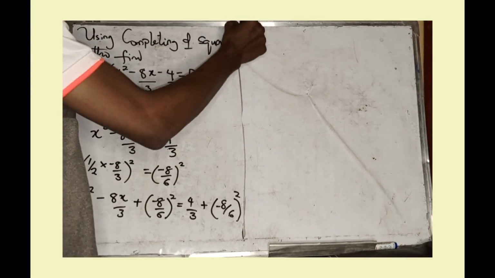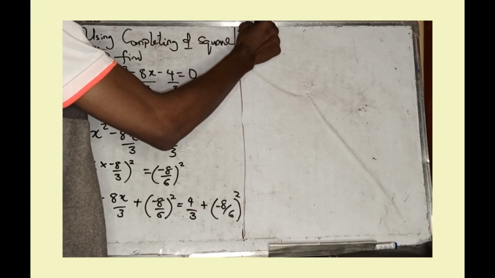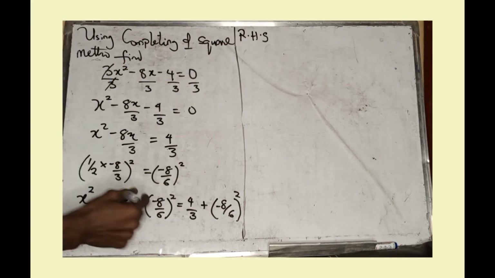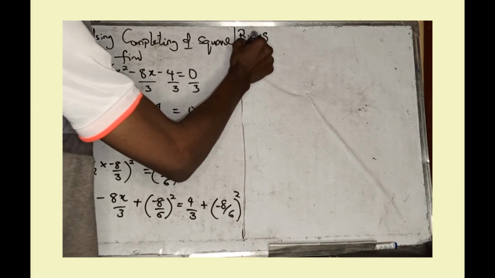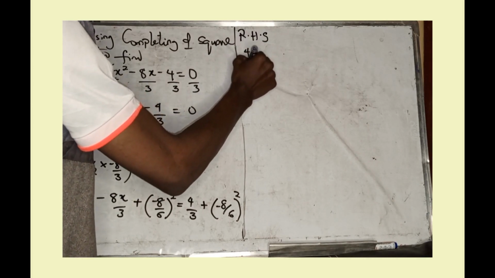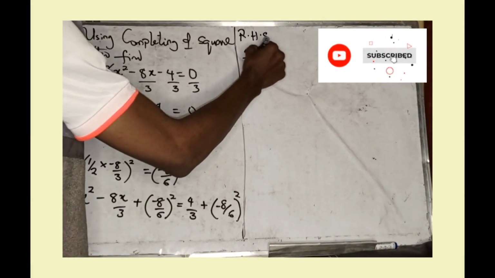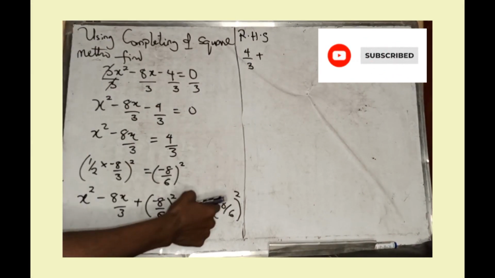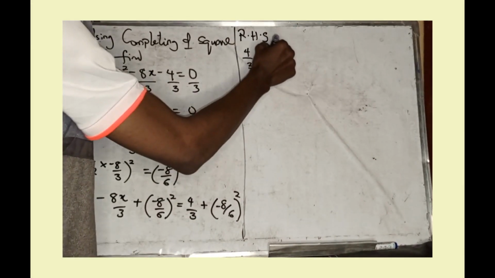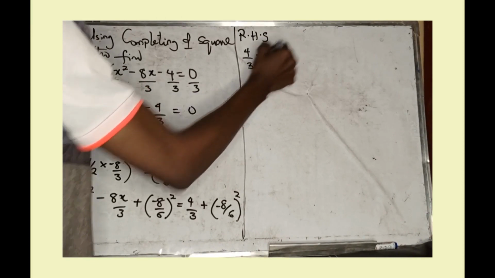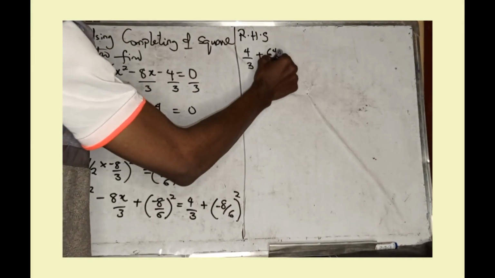Now guys, let me first treat the right hand side of the equation. So this becomes 4 divided by 3. Now here I can go directly by saying plus 8 squared, because minus times minus is plus, 8 squared is 64, divided by 6 squared, which is 36.